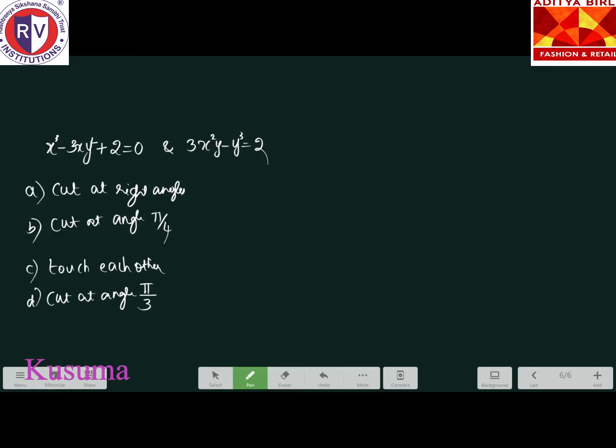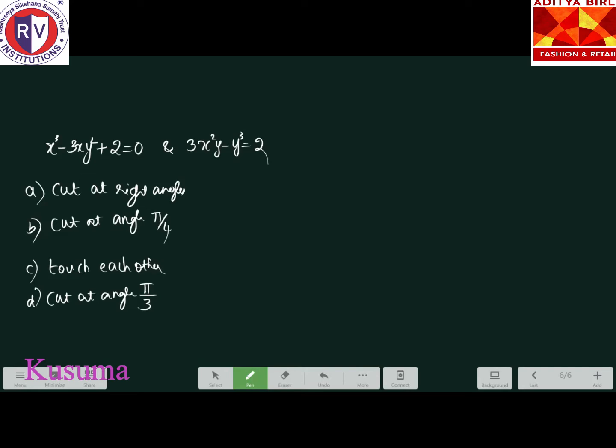Can anybody tell me how we are going to find out the angle between two curves? What is the angle between two curves?